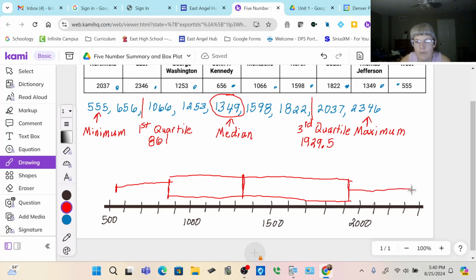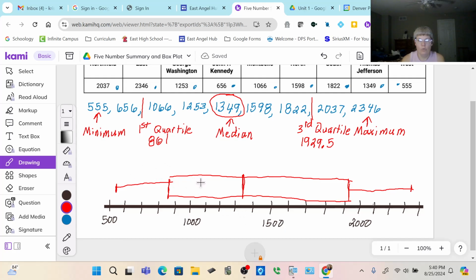Now something about this is 25% of the numbers occur in every single section of this. That's why it's called a first quartile and a third quartile. The median would be called a second quartile. So we're dividing our numbers into 4 quarters.